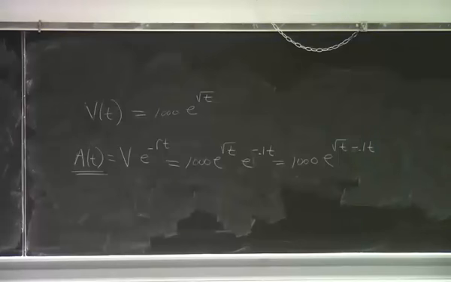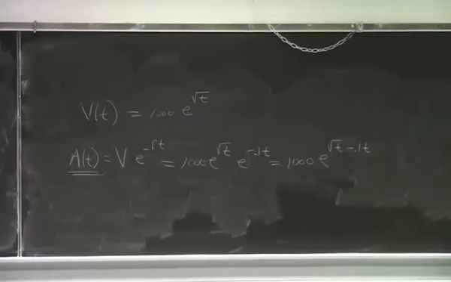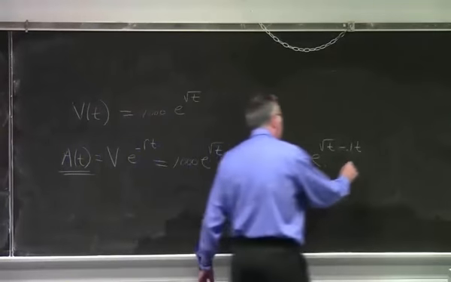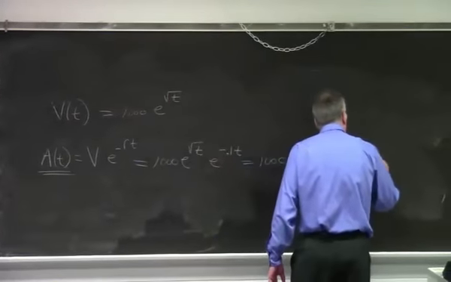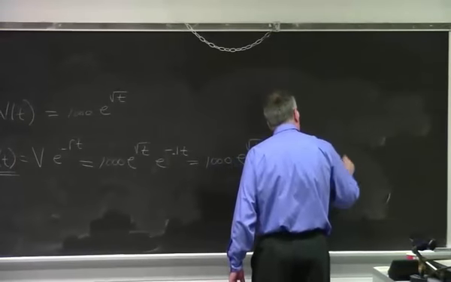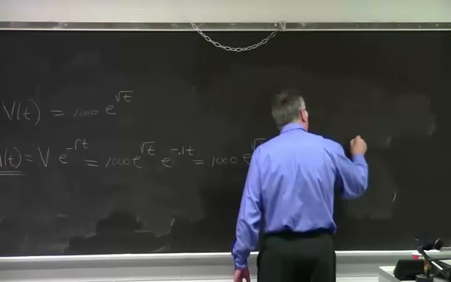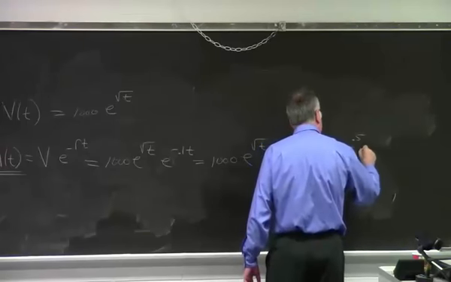Now, instead of writing this as e to the square root of t power minus 0.1t, let's rewrite it as 1,000 times e to the t to the 0.5 power minus 0.1t.